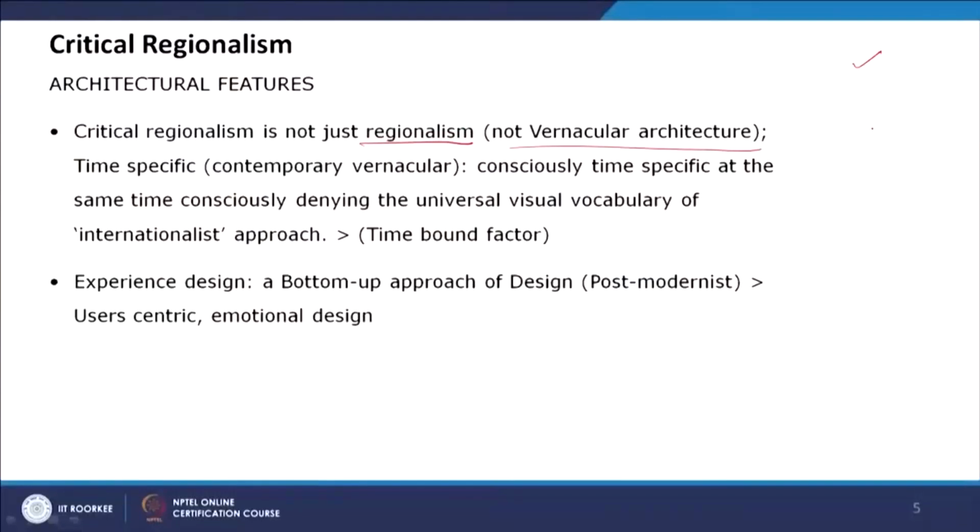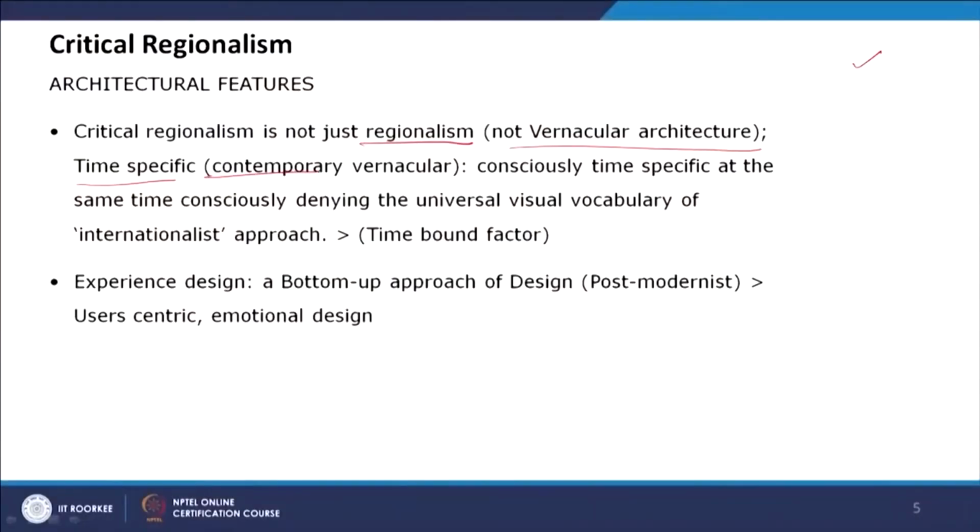That is why the time factor comes in. It is not a replica of the vernacular, aboriginal, rural or traditional architecture in today's time. It is a contextual change. There will be a contextual change, and it will fit within the context of today, but the inspiration will be taken from the vernacular, though it might also not take inspiration from vernacular or tradition.